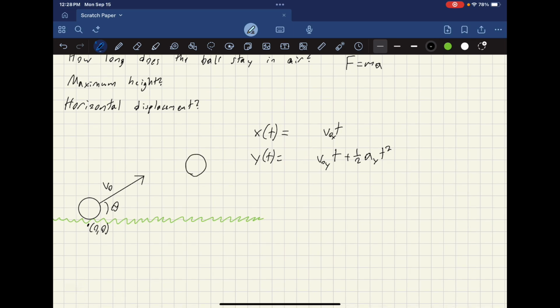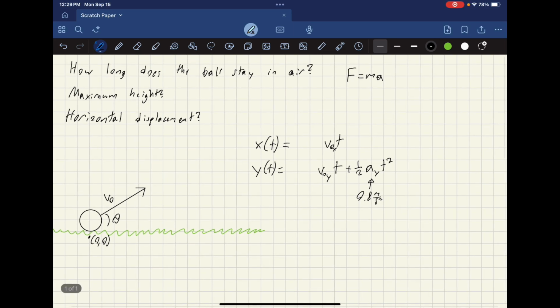So let's say the ball is in the air over here. There's gravity acting downwards, but other than that, there's nothing actually acting on the ball. It has some initial momentum given by the kick from earlier, but it doesn't have any acceleration in the x direction. So the acceleration in the y direction is due to gravity, and this is 9.8 meters per second squared.